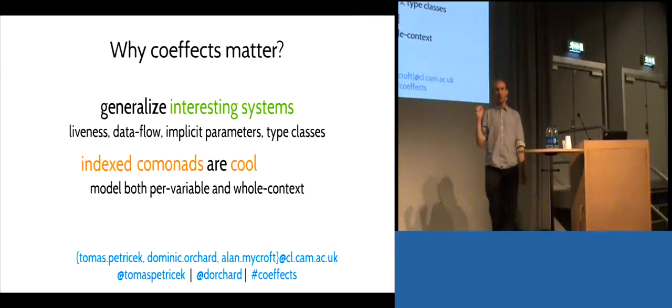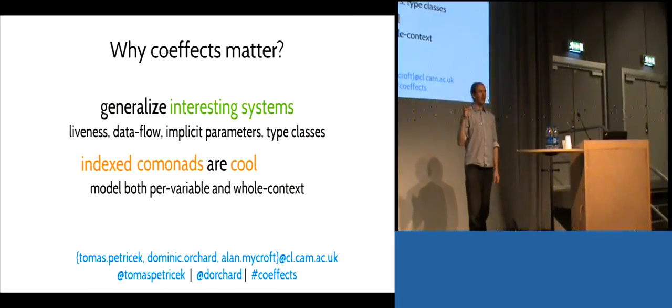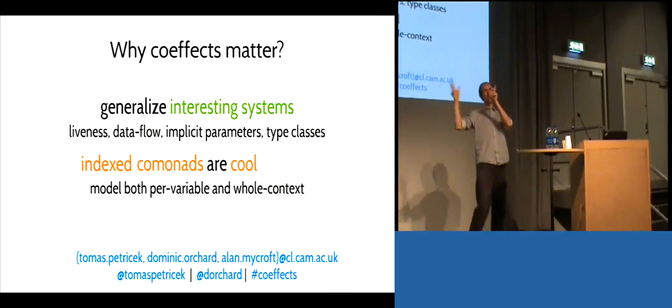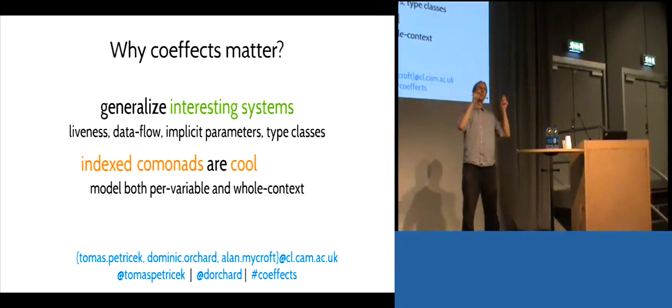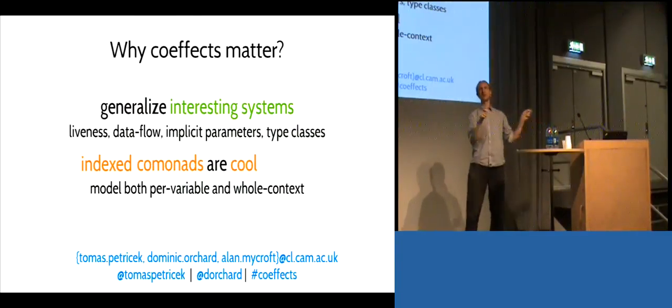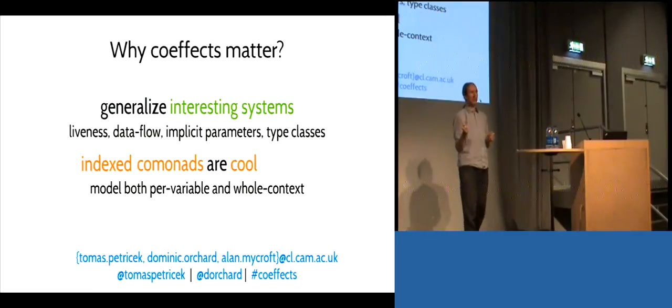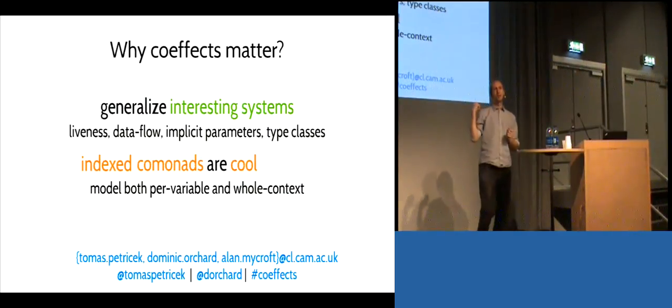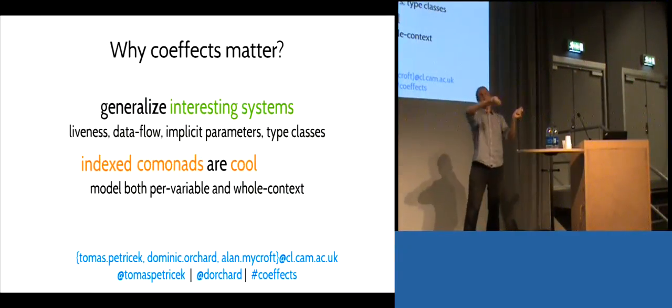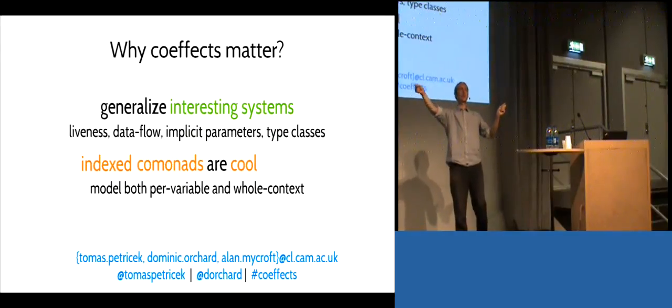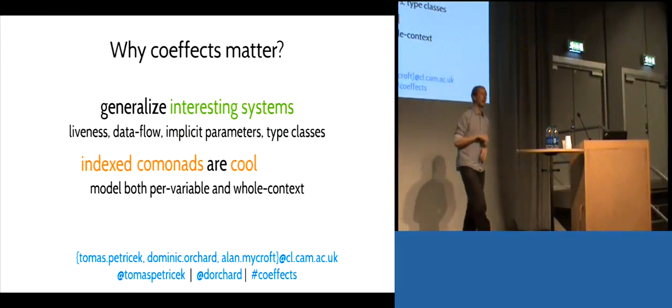One of the reasons why we are insisting on having a vector as a single annotation for a vector of variables, rather than having one thing for every variable, is that we want to be able to combine them and have properties that have something for every variable and also something for the whole context.